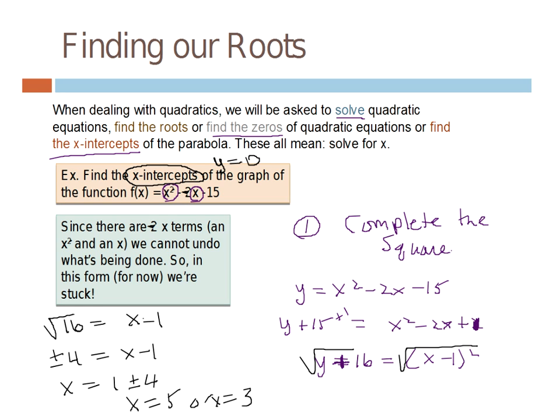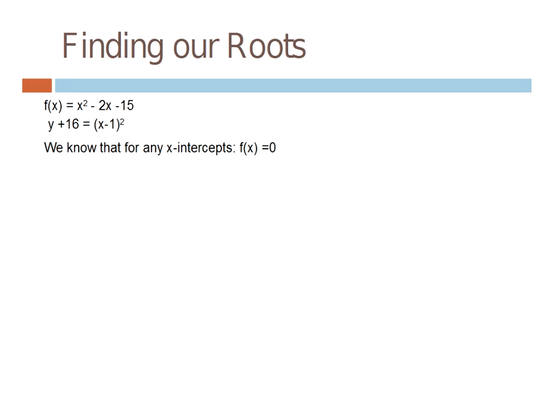So we know how to do this, but we had to complete the square. And you can see that I've done this on the PowerPoint. So what we did was we solved for the x-intercept knowing that y equals 0.